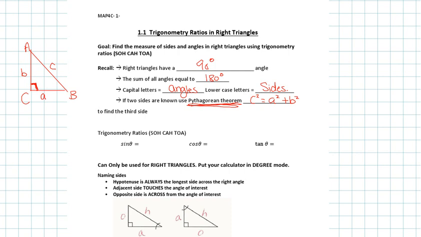It has to be the hypotenuse, and just so I match this, that's why I named my right angle C. It's always going to be the hypotenuse, and then the other two are the legs.